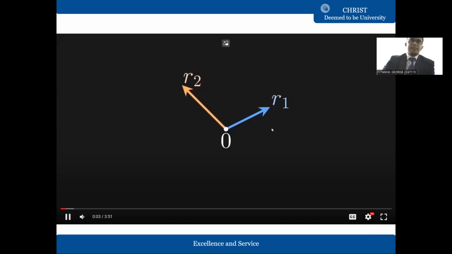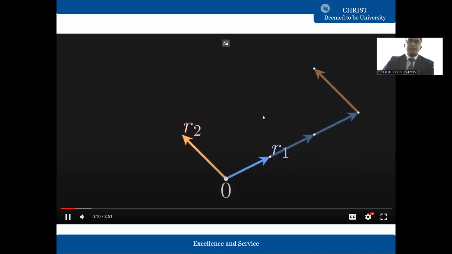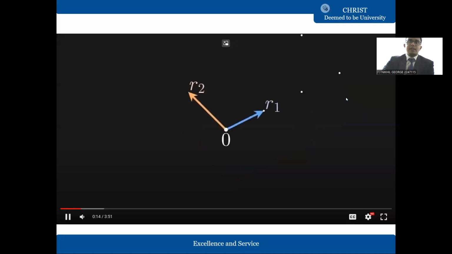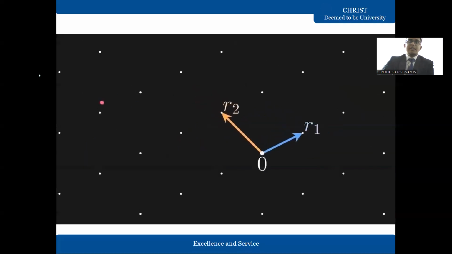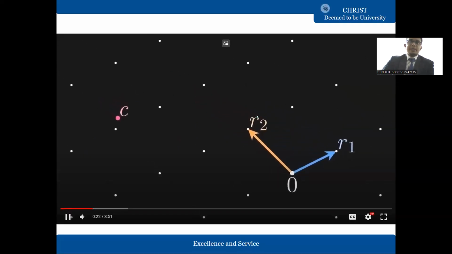Take a vector from point 0, R1 and R2: two vectors of different directions and different magnitudes. If they keep moving further, they form a pattern, and the number of ways it can traverse to different points is known as lattices.